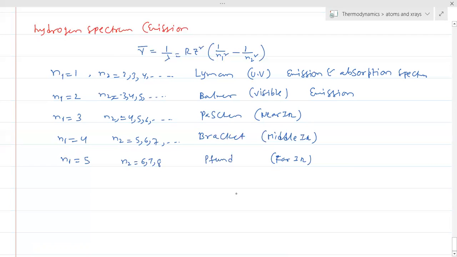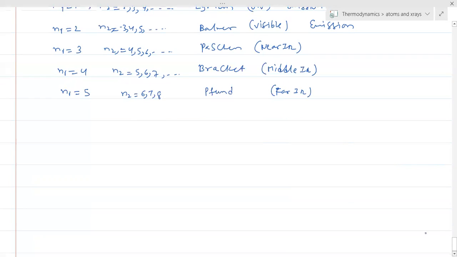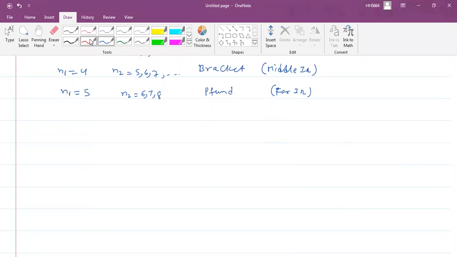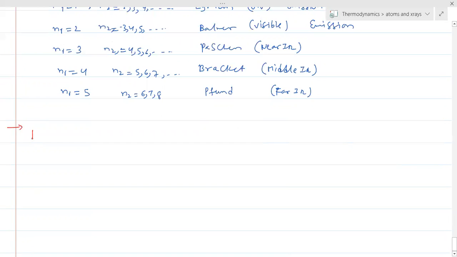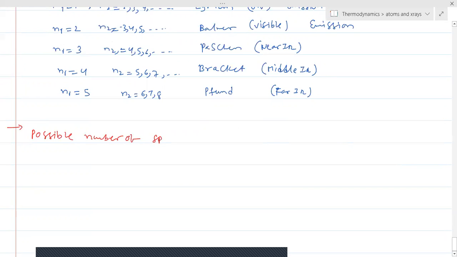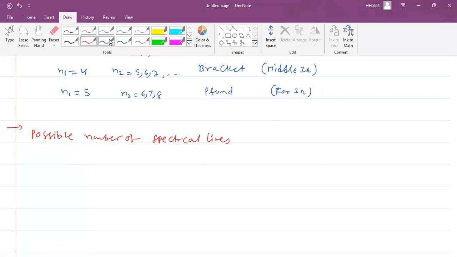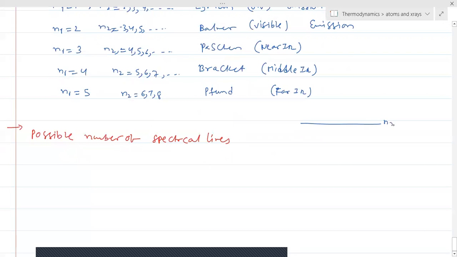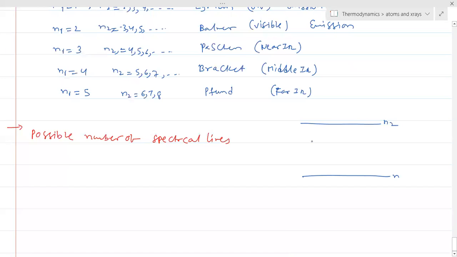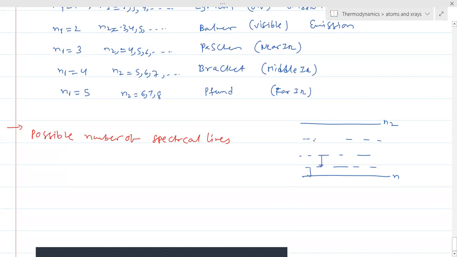Here we have one beautiful formula for the total number of possible spectral lines. Between the two energy levels, say N2 and N1, we have a number of levels present, so we think of all the possibilities.